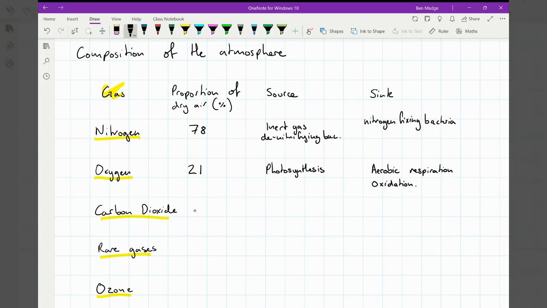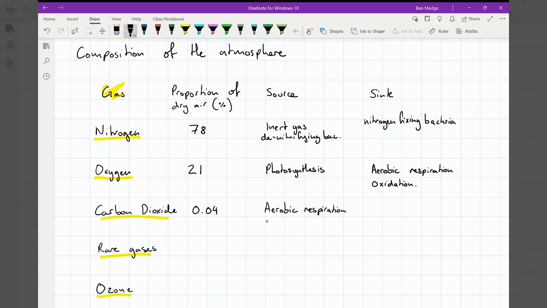Carbon dioxide makes up a really small proportion of the Earth's atmosphere, 0.04%. An important way that this is added into the atmosphere is aerobic respiration, where complex organic chemicals are respired in the presence of oxygen, producing carbon dioxide.